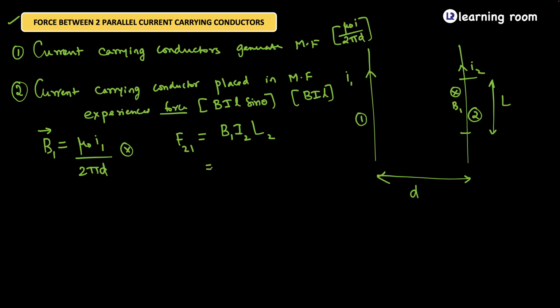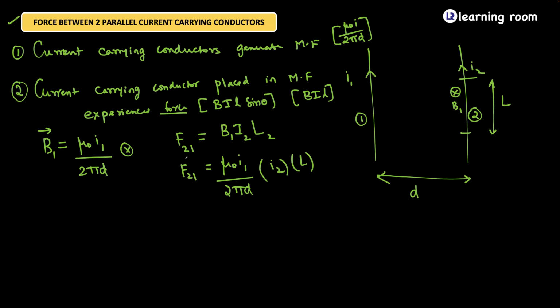So what is the value of B1? Take it, substitute it there. I'm only writing magnitude, if you observe clearly. So it is going to be mu naught I1, the whole divided by 2 pi d, into I2, small I2, into the length of the portion, which is going to be capital L2. So this is F21.